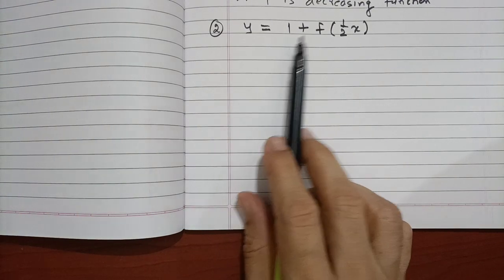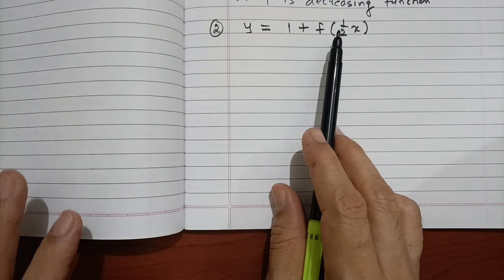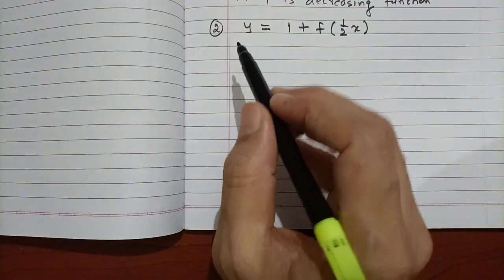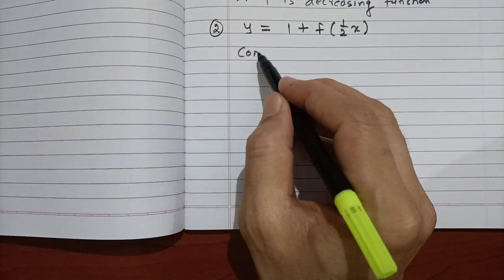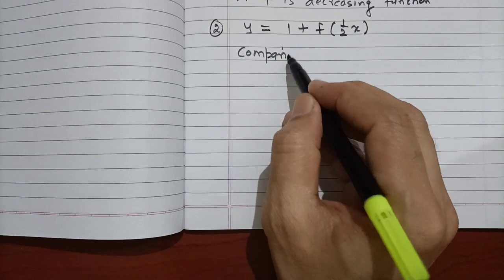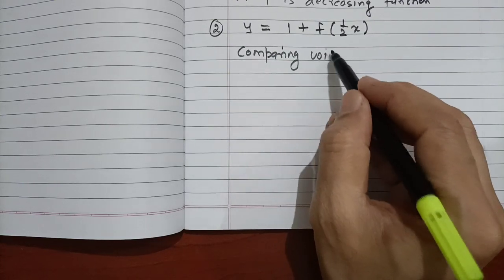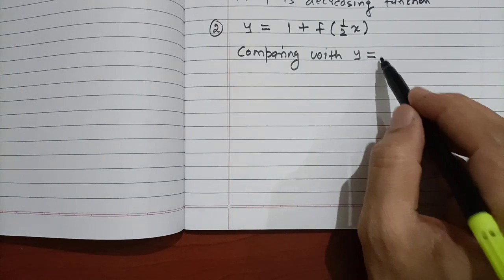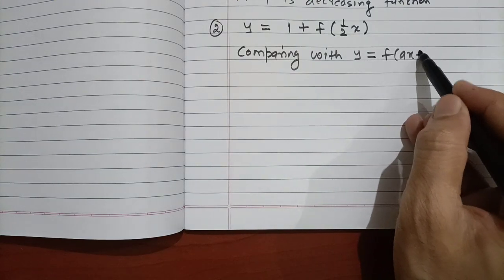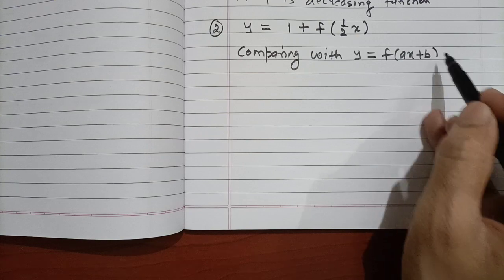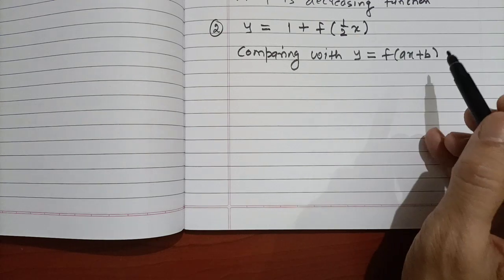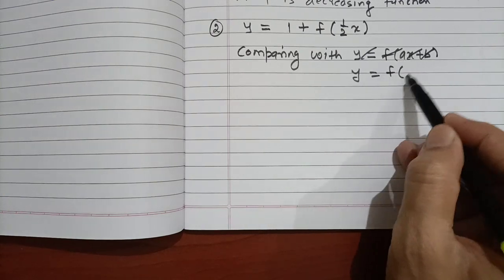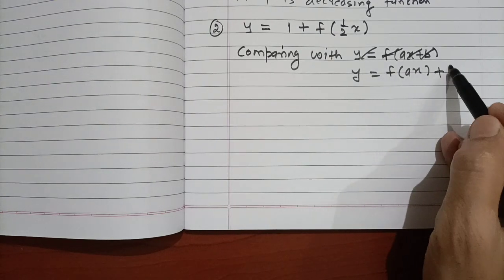Now y is equal to 1 plus f of half x, comparing with y is equal to f of ax plus b.